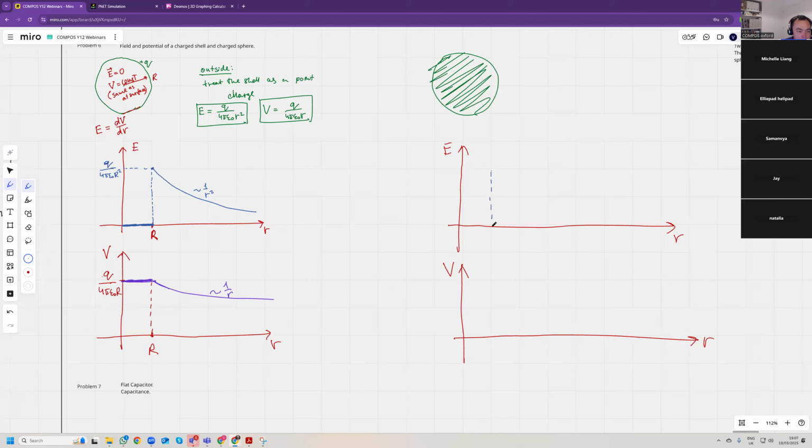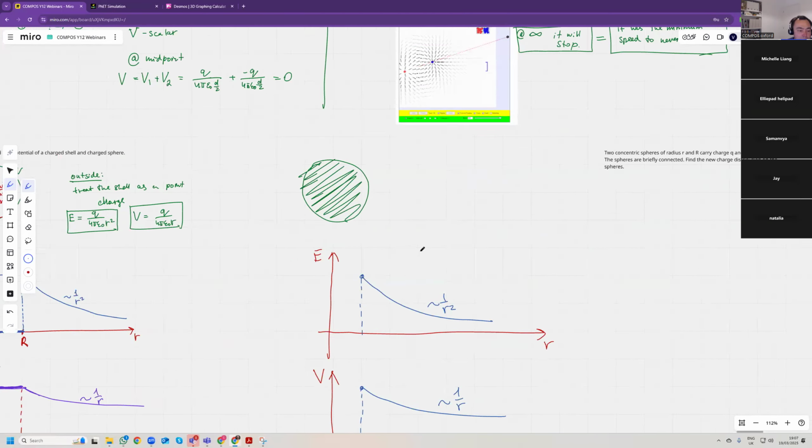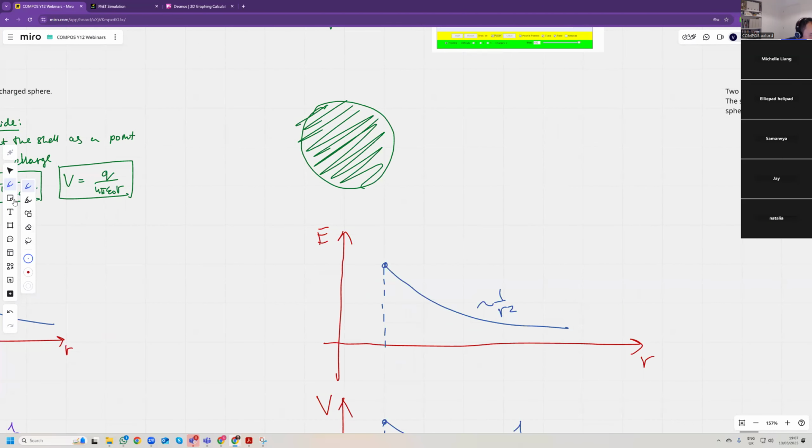So outside, it is 1 over r squared. And here it's 1 over r. But inside, now Gauss's law says that the electric field is only due to the charge that is below.